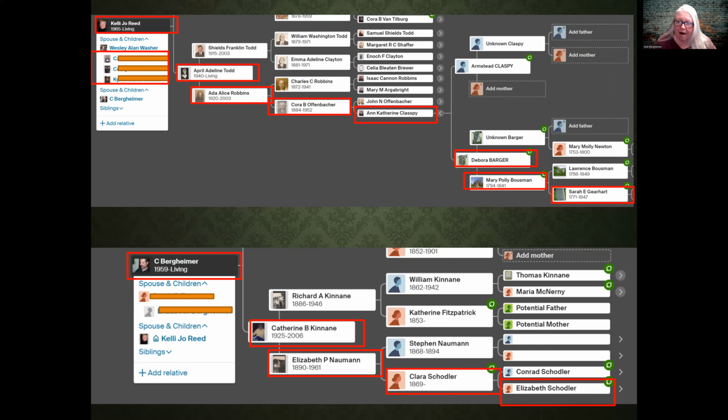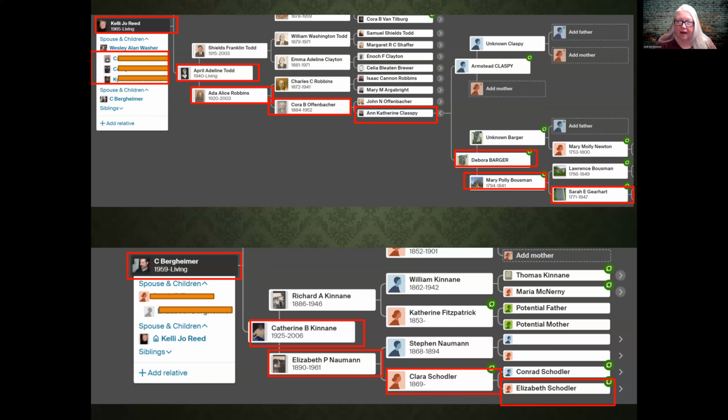So when you think about all of the different people who share mitochondrial DNA with me, including my siblings who aren't listed here, my brother and sister also. And then when you think about, does my grandmother, Ada, have any daughters who also have descendants?